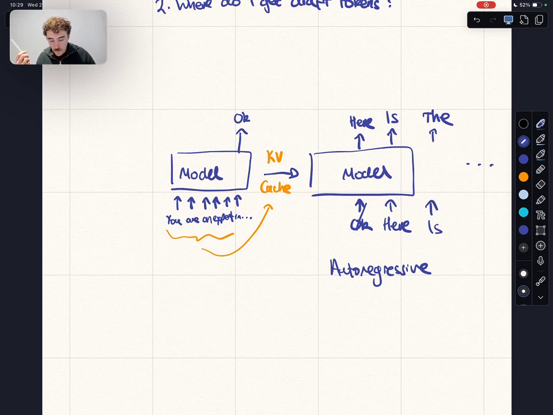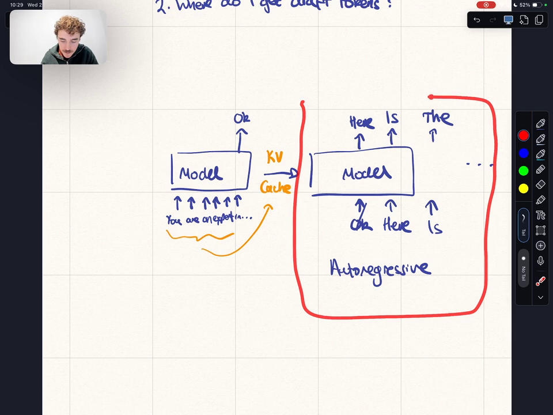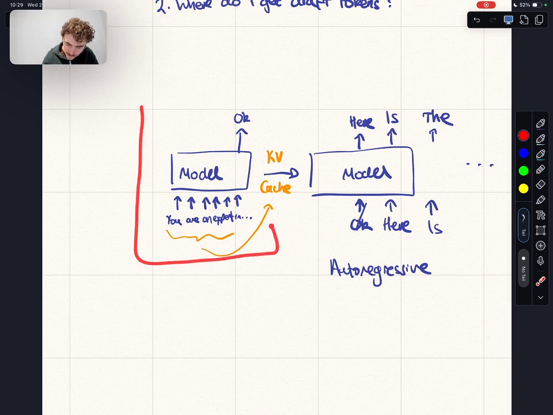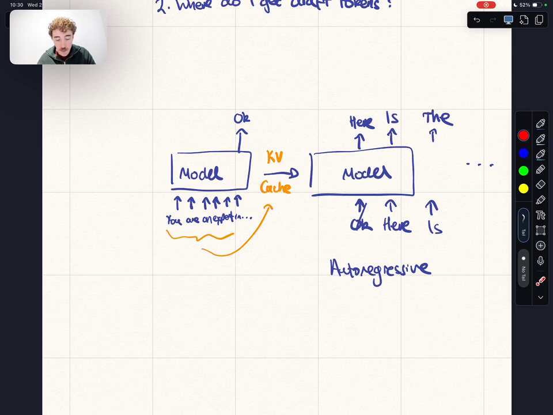What you'll notice is that during the decoding phase, when the model's actually responding to you, we lose a lot of the parallelism that we benefit from in the first phase. In the first phase, we might put thousands and thousands of words into this model, but they're all processed at the same time in parallel to produce a single token. That's really efficient.